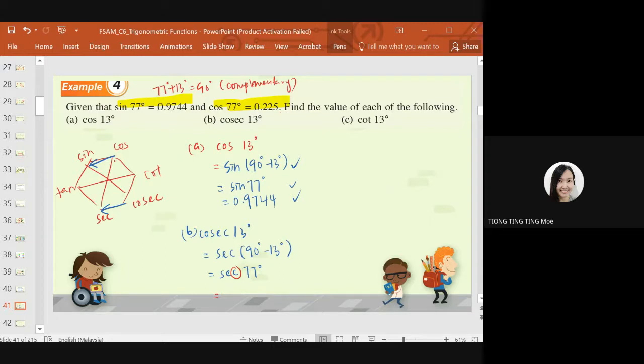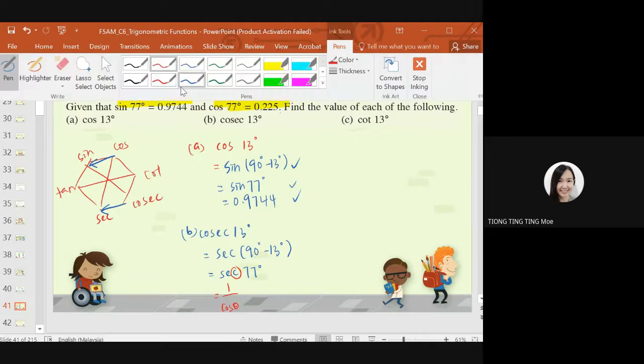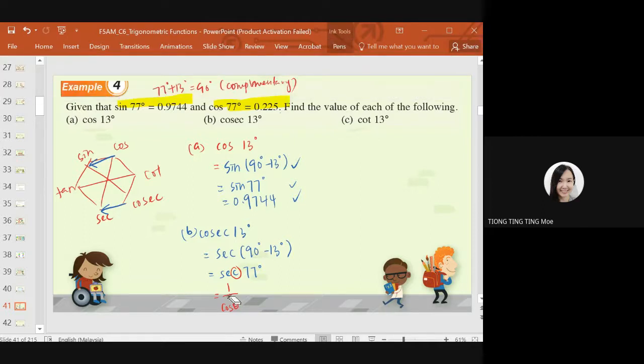Because if you depend on the hexagon for everything, later you will confuse yourself. So for the hexagon, we remember the useful ones. Then this one we can remember ourselves. We go 1 over cos directly. 1 over cos 77 degree.